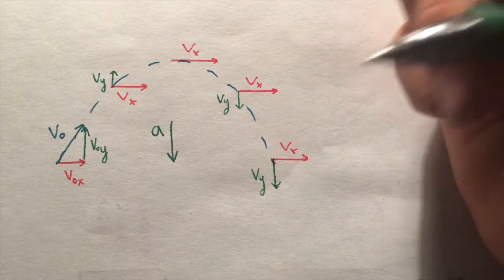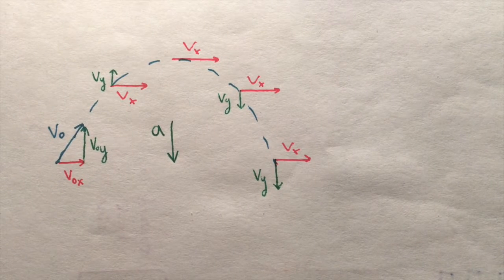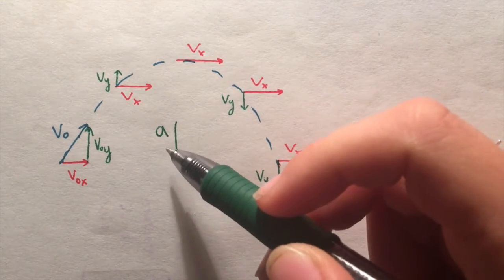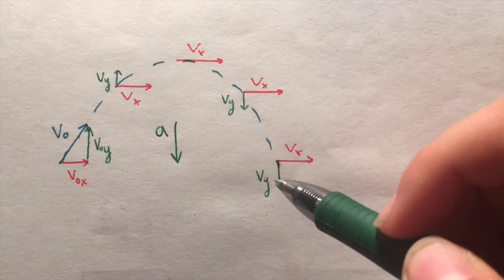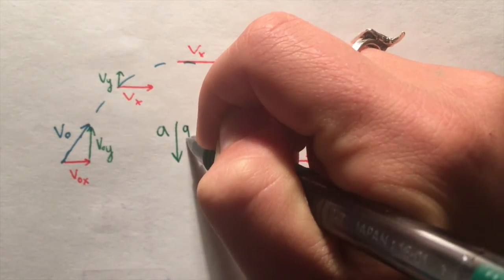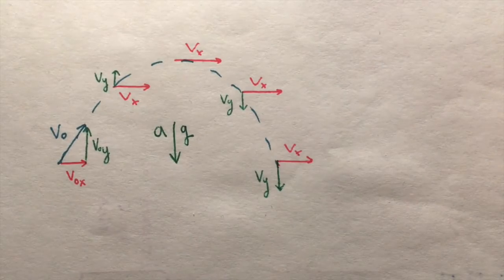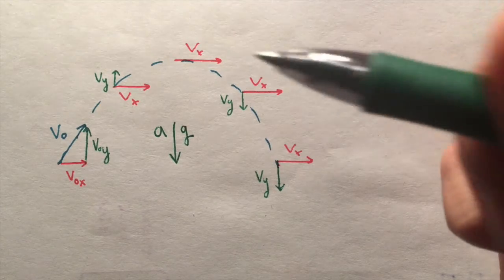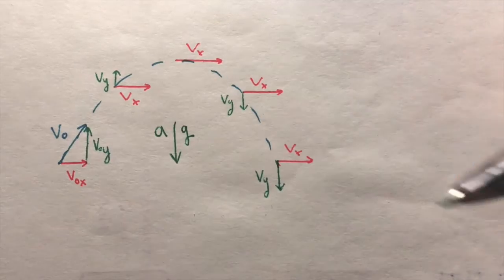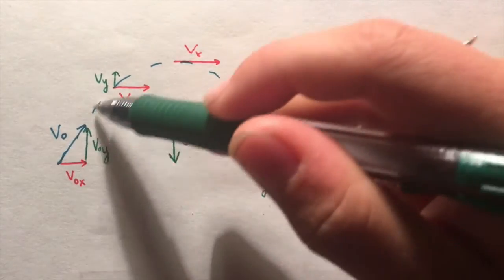An acceleration is a change in speed or a change in direction. This acceleration, which for an object flying through the air is equal to g, the acceleration due to gravity, is going to change the vertical component of the speed of the object, and it is going to change the direction of the object's motion.